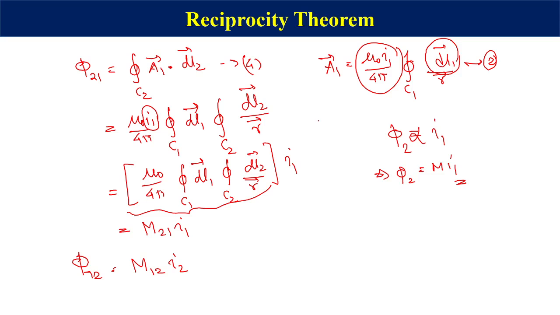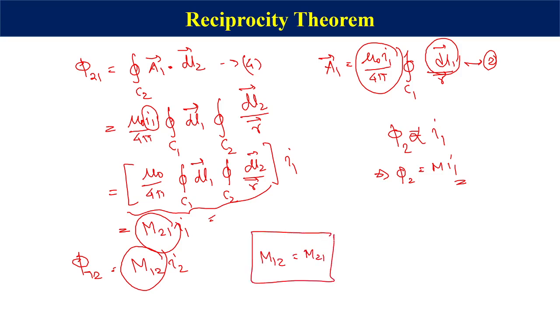But these integrals you will get to be the same. You can test it for yourself. That is the reason why M12 and M21 are the same quantity. That means we easily get M12 equal to M21.